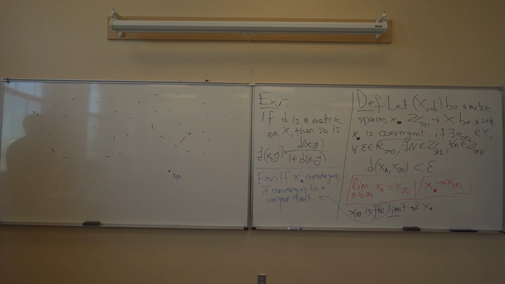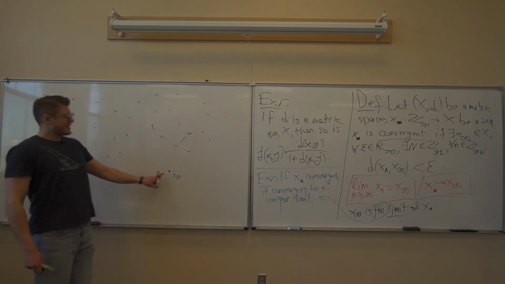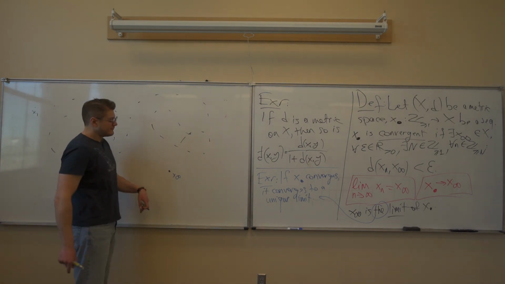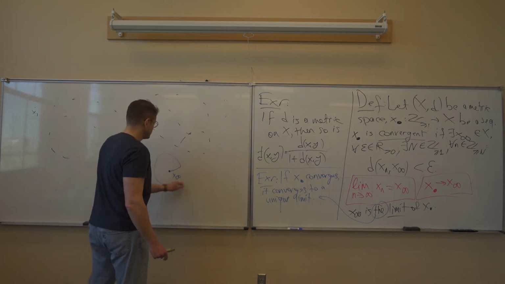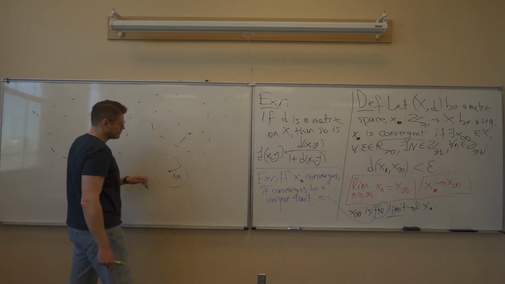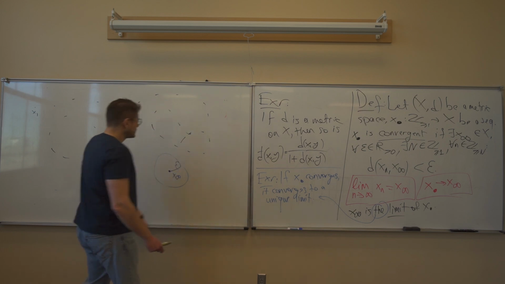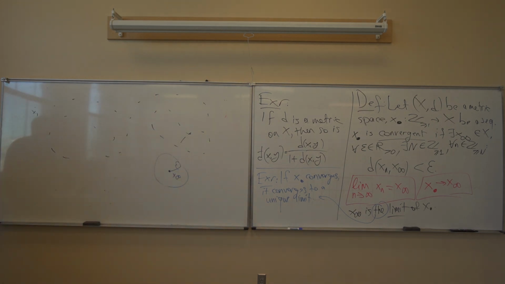Now, using this epsilon of room principle, instead of hitting exactly x infinity, let me try to approximate it using my sequence. You take a ball, or a neighborhood, as it is called, of all the points not farther than epsilon away from this target.